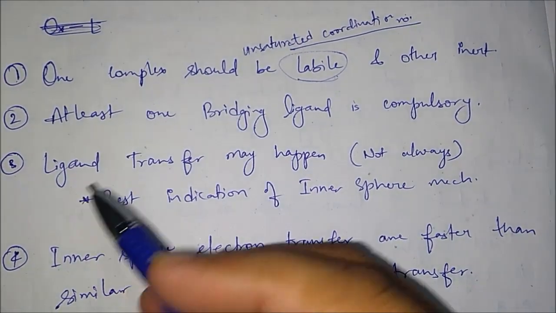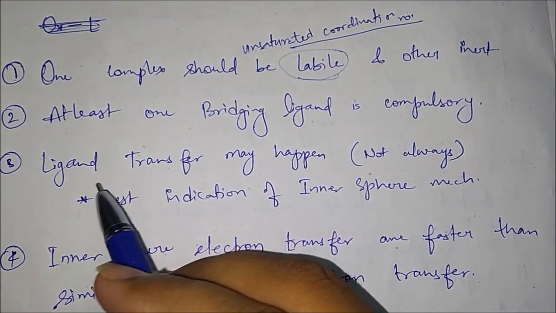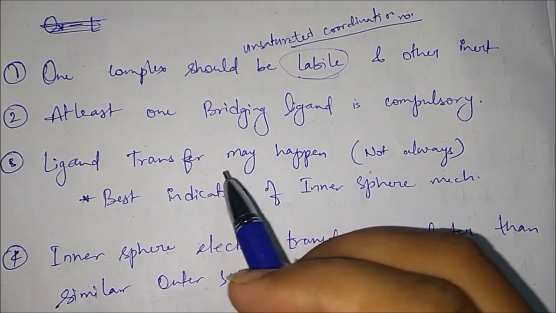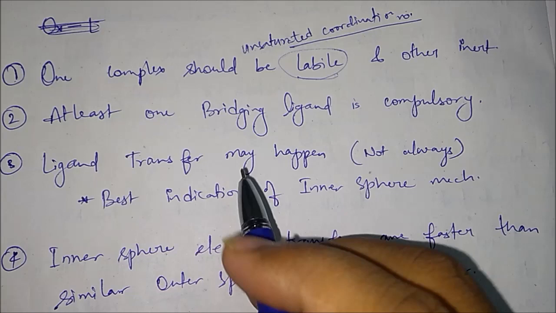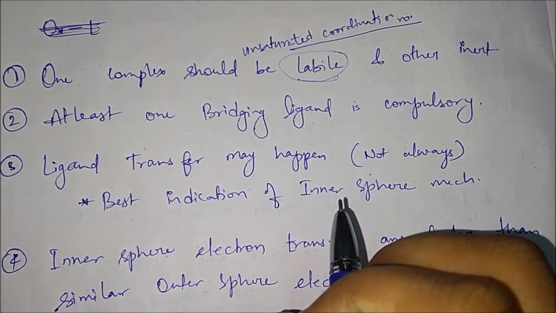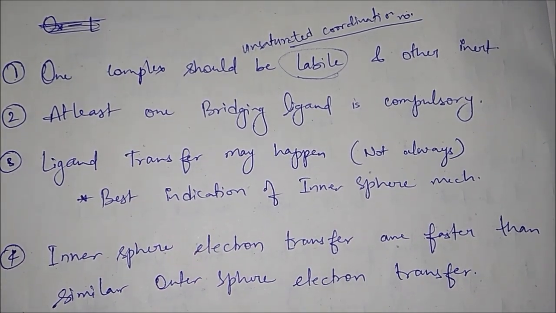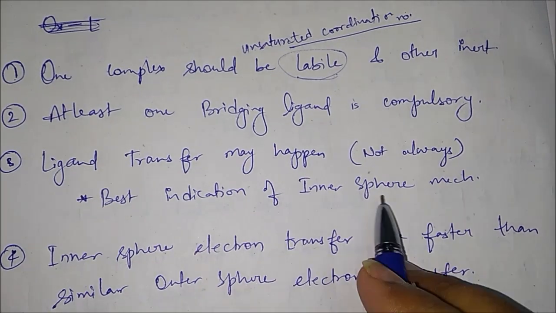The third point tells that ligand transfer may happen, but if ligand transfer happens, then you should be 100% sure that the inner sphere mechanism is taking place. This is the best indication of the inner sphere mechanism.